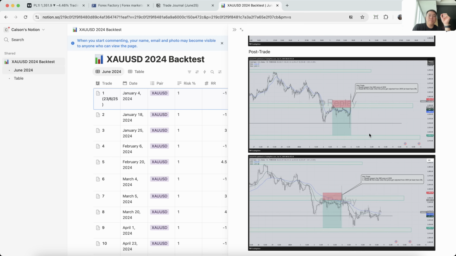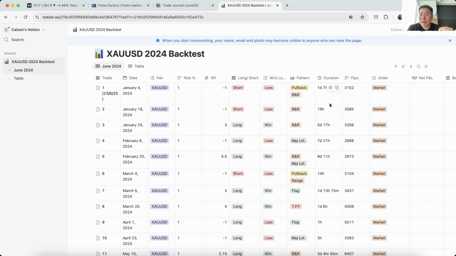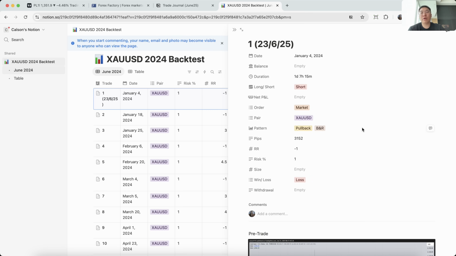And also, when you run your backtest, you have to fix your trade management as well. It is very important to say, okay, on this specific backtesting sheet, I'm using a set and forget approach. You need to have a fixed trade management model in order to have consistency.